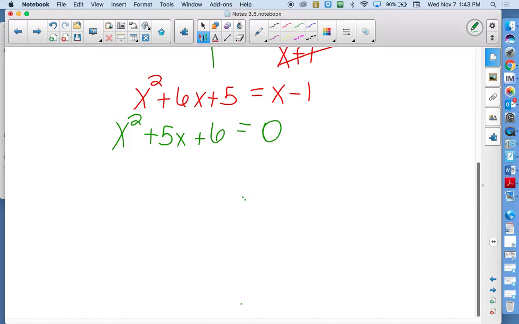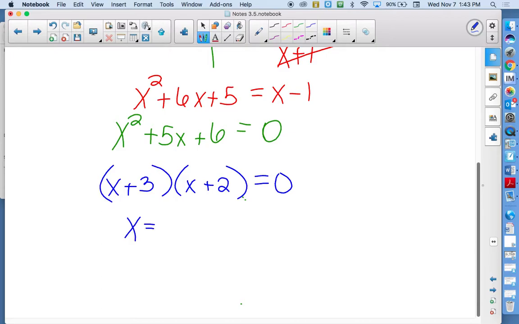And your favorite thing to do, Chelsea, of course, would be factoring. And this factors as x plus 3, x plus 2. Right, x plus 3 and x plus 2. So your solutions are -3 and -2.